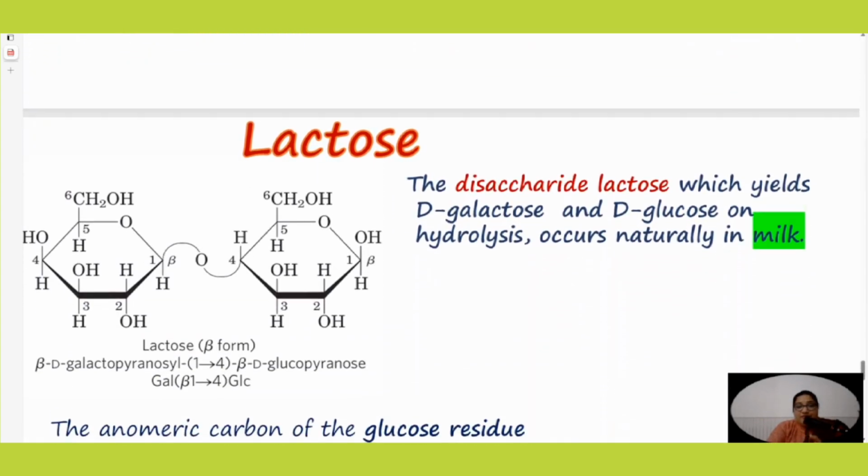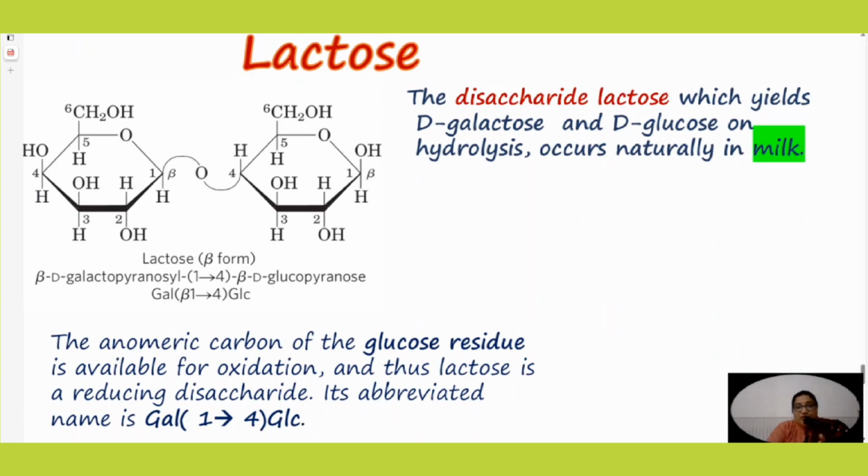Now moving on to the milk sugar, which is very common, lactose. Lactose is a disaccharide. It contains galactose and glucose residues. This is the galactose residue and this is the glucose residue, and together they are linked by a beta 1,4 linkage.